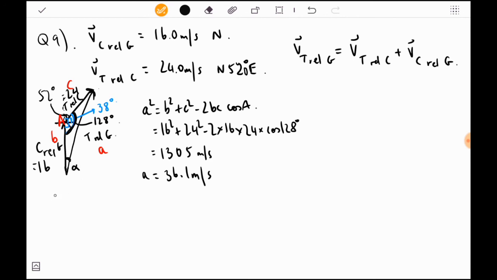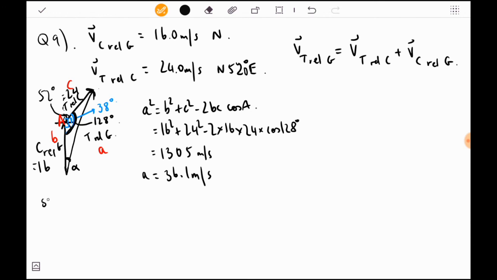So now we need to find an angle in a triangle that is not a right-angled triangle. So unfortunately, we can't just use our normal trigonometric rules. Instead, we have to think, well, we've already used the cosine rule. Let's bring in the sine rule. We could, of course, do this using the cosine rule. However, I think the sine rule is a little bit easier in this case. So we'll go with that.